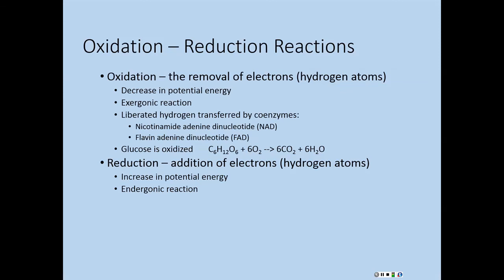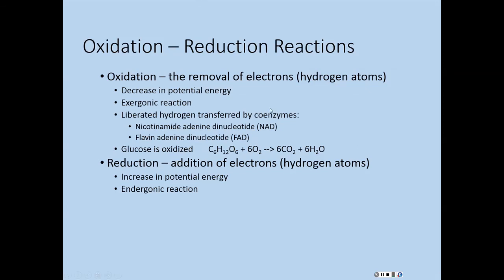So energy is released, it's exergonic, but that also means that the molecule that once had a bond attached to it, say it's glucose or whatever, as soon as the bond breaks, energy is released, but now the potential energy of what's left is less. So that's what this decrease in potential energy means. As soon as I give up a hydrogen, great, I release some energy, but now there's less energy left in what's behind.